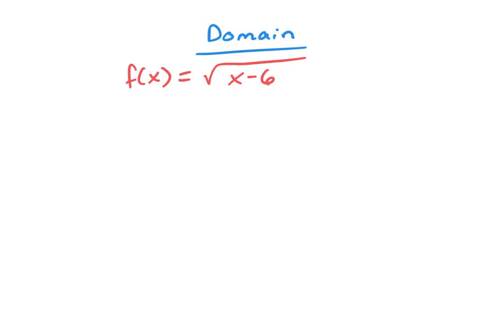Early in the chapter, we said when we talk about domain, we never want to have a denominator of 0. So that's one thing we always got to keep in the back of our mind. If I have a denominator, then I can't have a denominator of 0. If I have a square root, which we haven't seen a whole lot yet through chapter 1, but if I take a square root of something, what numbers, as of right now, can I not take the square root of?